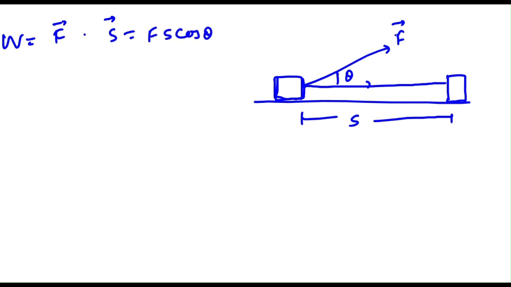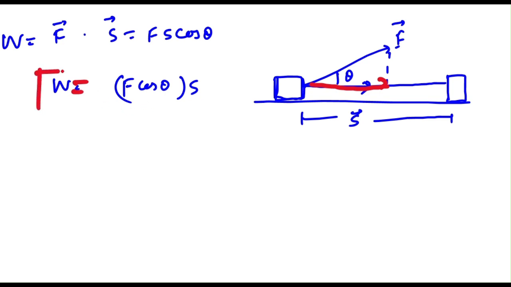F is the magnitude of the force vector, and s is the magnitude of this displacement vector, and theta is the angle between these two vectors. Okay, this is one thing. We can write it as work equals F cos theta into s also, that is the projection of the force vector on the displacement vector.